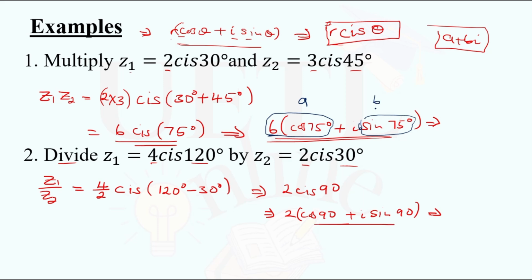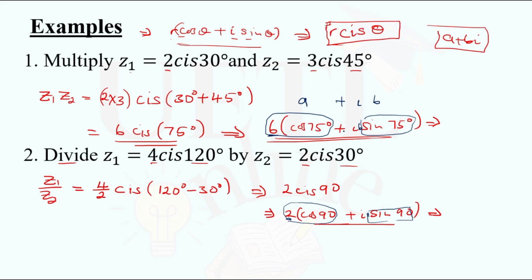Then you have your i here, so this is your answer. In this case, you take this 2 and this 90, and you get an answer, which I assume is 0 here. Then next, you put your 2 here, and you take this to get the second answer, which I assume is 1 here. And in the earlier case, you can get your answers cos 75 and sin 75, then multiply by 6.